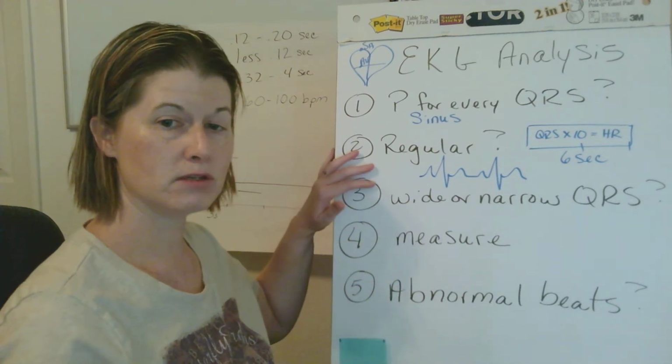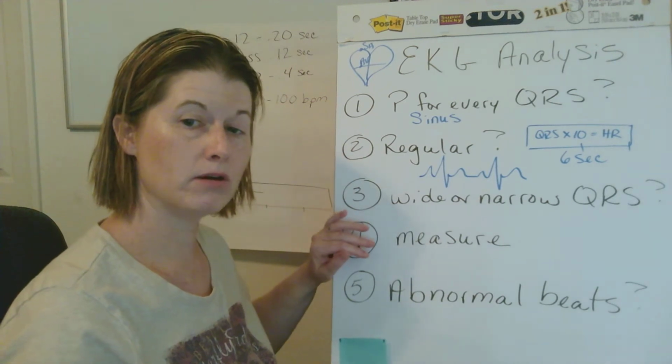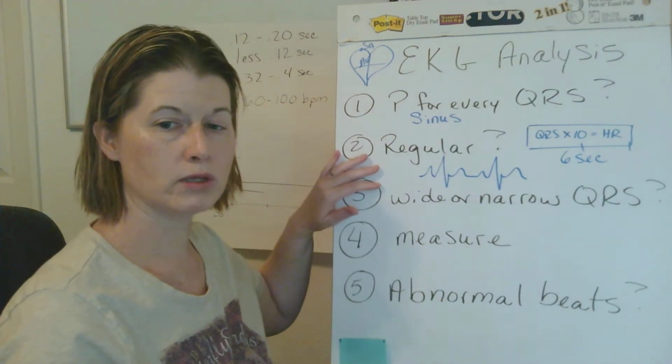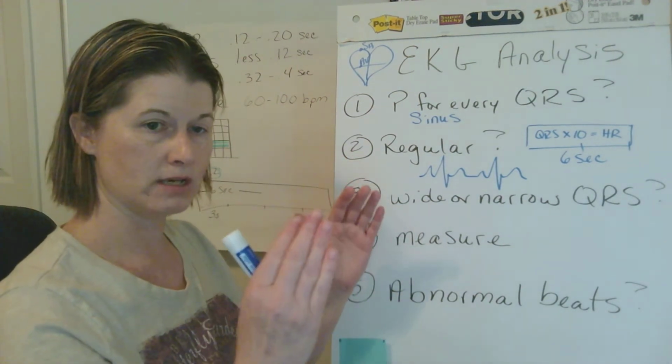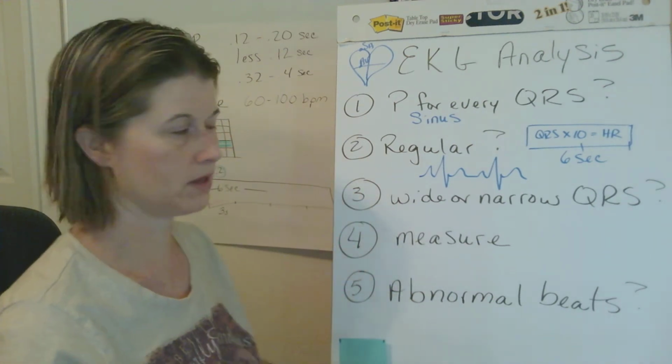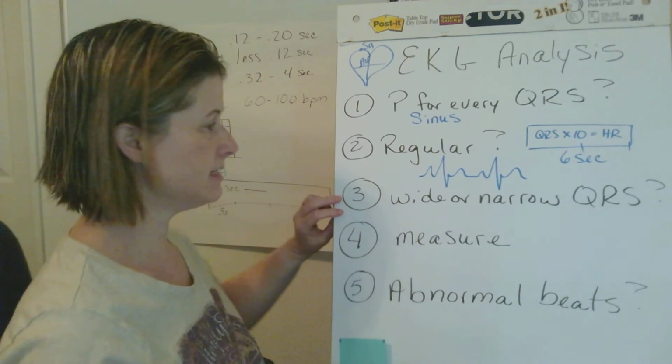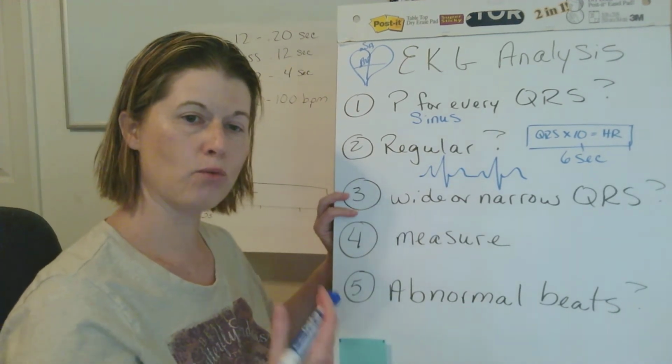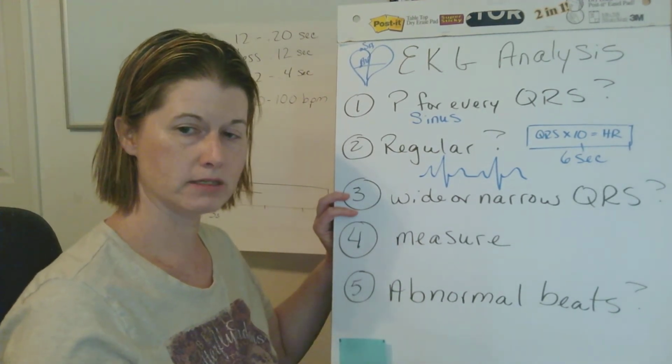There are a lot of rhythms that are regular, and there are a lot of rhythms that are irregular. So now you're ruling out, or you're identifying, is this a regular rhythm or an irregular rhythm, okay? The next thing that you want to know is, do I have a wide or narrow QRS?